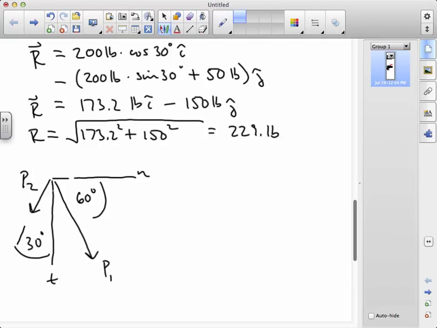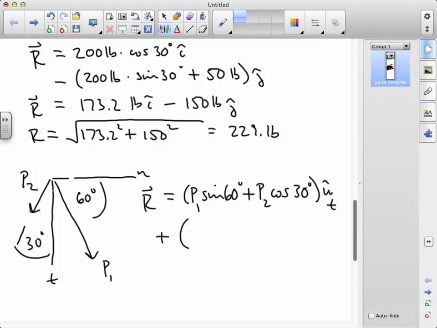So we can say now that the resultant is equal to, in the tangent direction, P1 sine of 60 degrees and also P2 cosine 30 degrees. In the normal direction, we have P1 cosine 60 degrees and P2 sine 30 degrees, but in the minus normal direction.